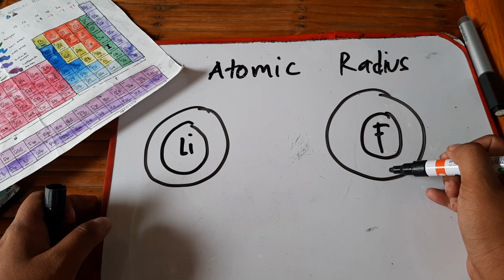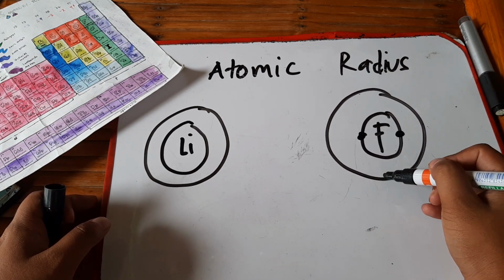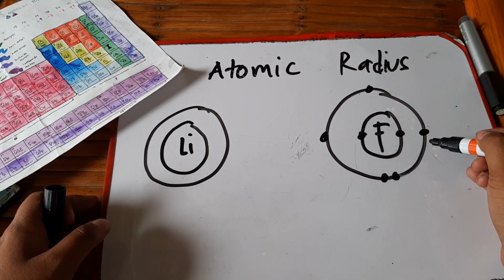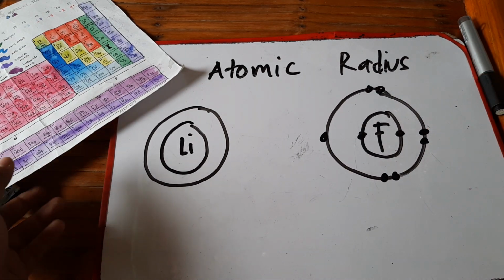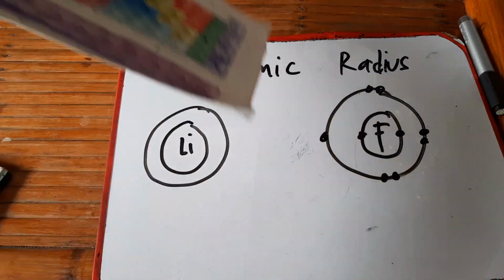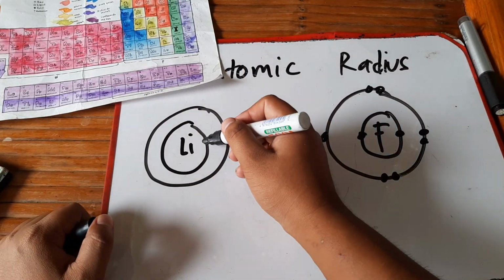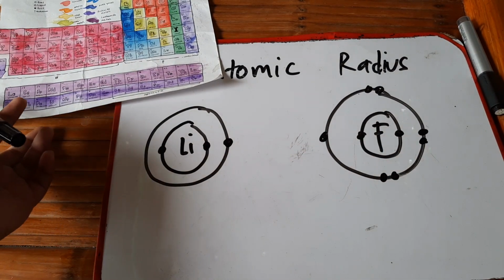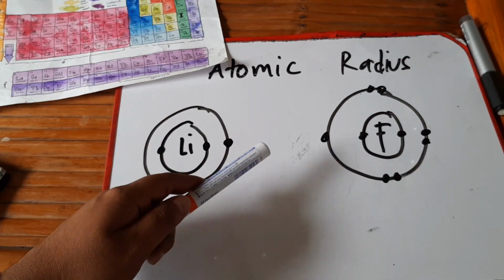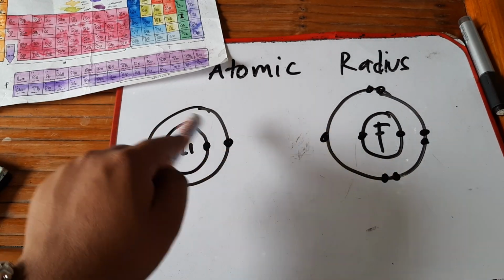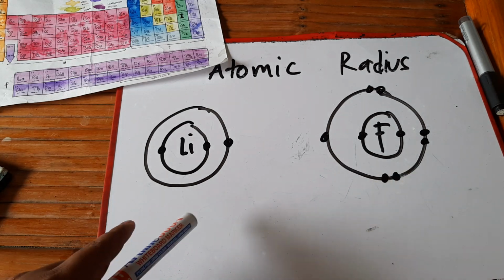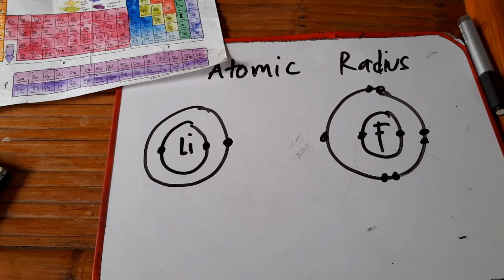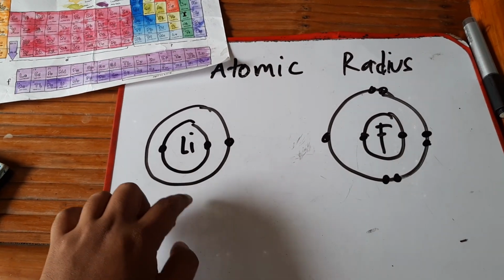So fluorine will have 1, 2, 3, 4, 5, 6, 7, 8, 9 electrons because its atomic number is 9, so it has 9 protons, 9 electrons, while our lithium would have 3. Using our naked eyes, it would seem that they are equal because they both have two shells. The drawing is just for illustration purposes.